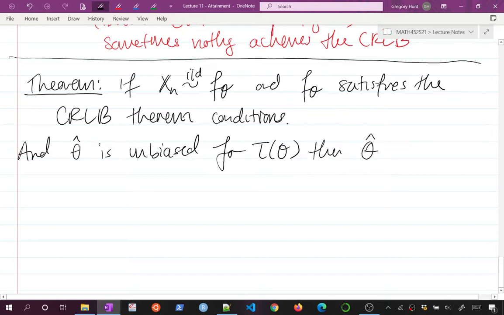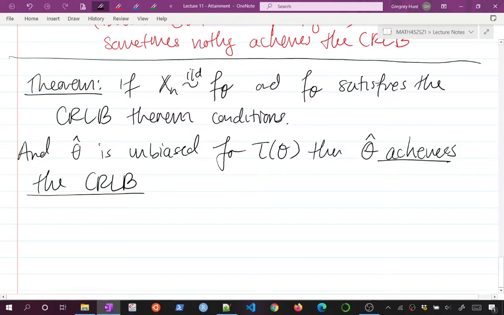Then theta hat achieves the CRLB if and only if the following is true: the score is proportional to theta hat minus tau of theta.